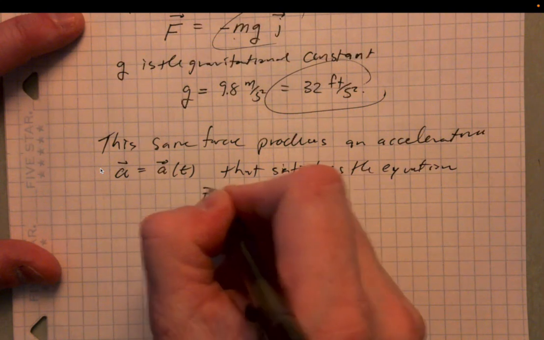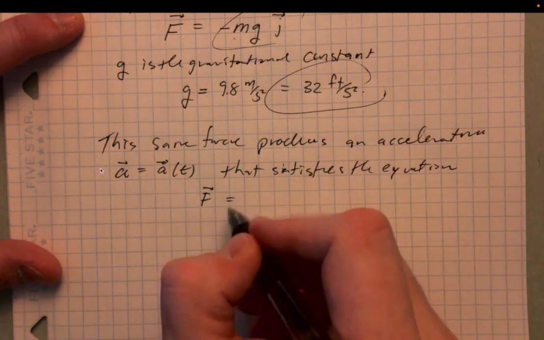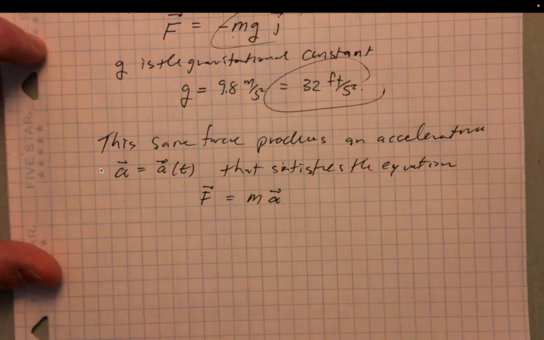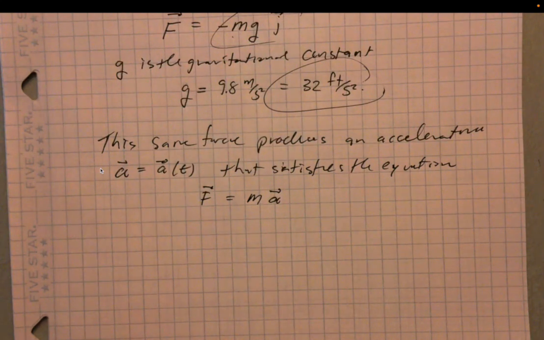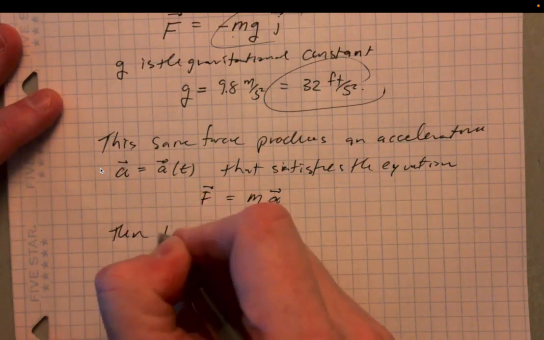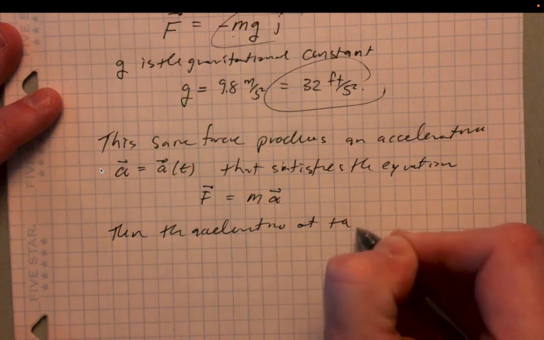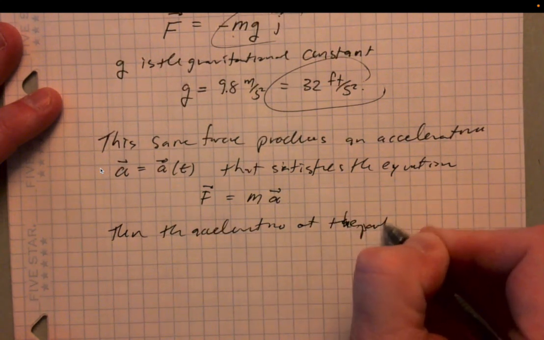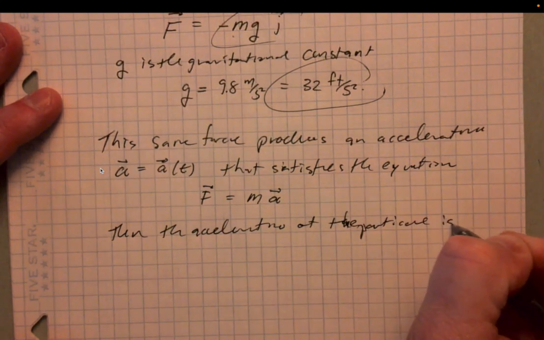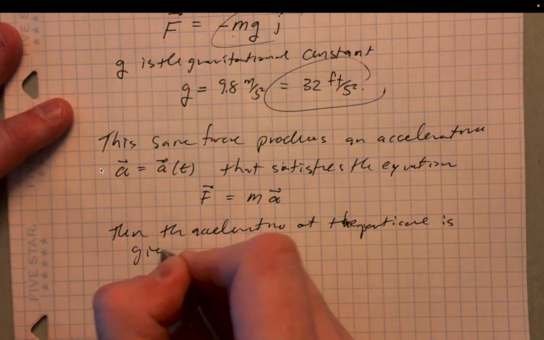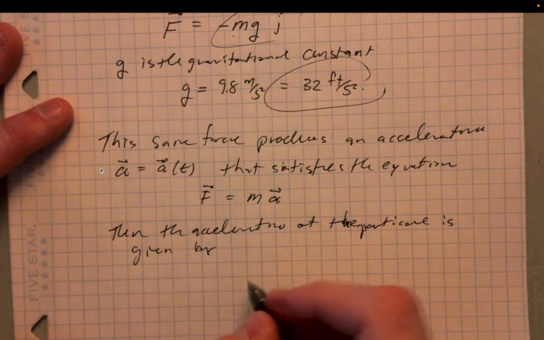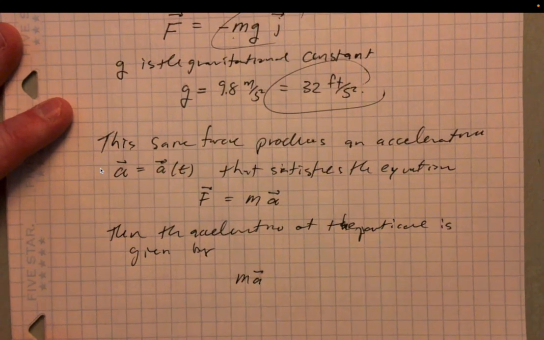The equation is F equals m times the acceleration. Mass times acceleration is the force, right? So then the acceleration of the particle is going to be given by what? Well, the mass times the acceleration, right?